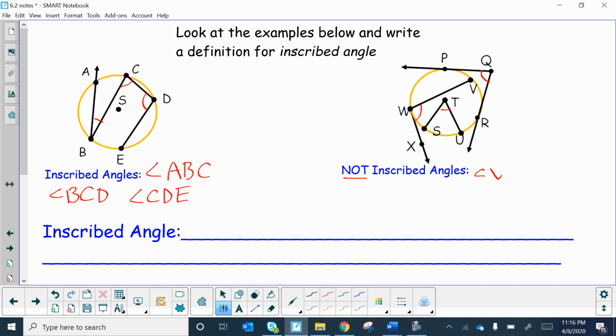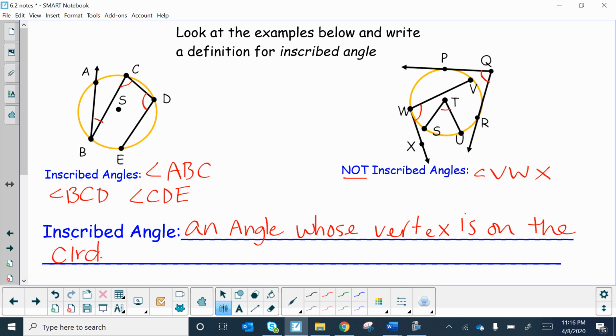Even angle VWX looks closely like an inscribed angle, but it's not, because it needs to be made up of chords. So here's what an inscribed angle is: an angle whose vertex is on the circle and the sides are chords.